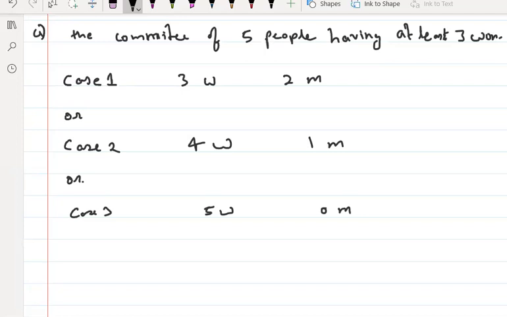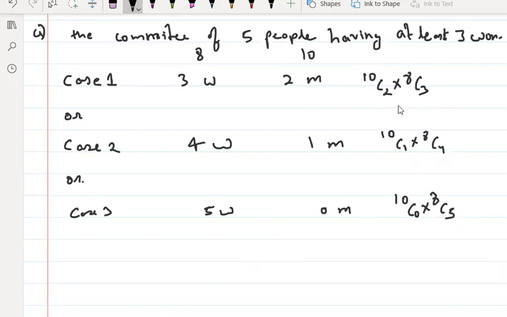Now see the first case. Number of women is 8, and men is 10. So this is 10C2 into 8C3. What about this one? It is 10C1 into 8C4. What about this? It is 10C0 into 8C5.